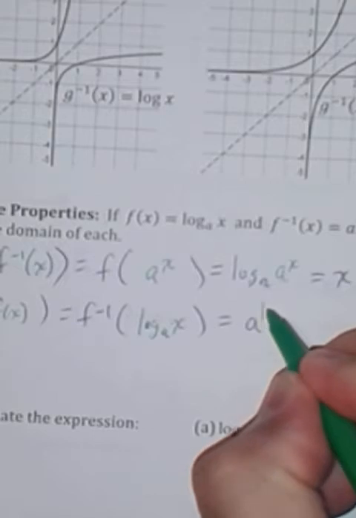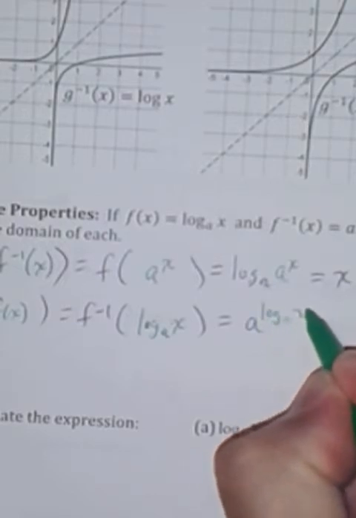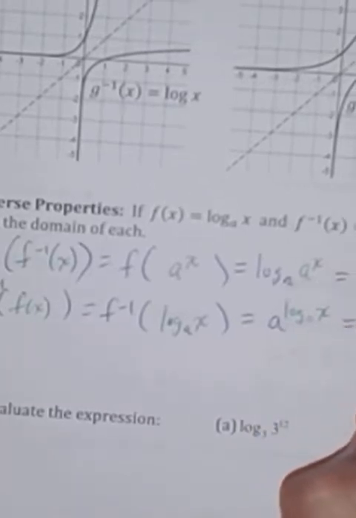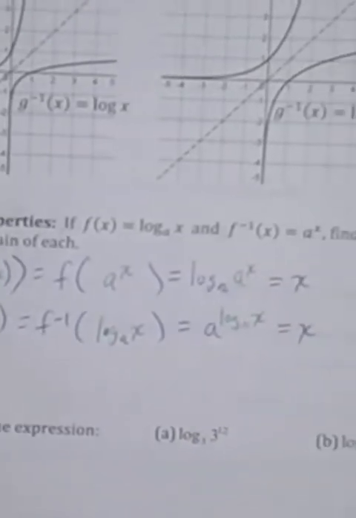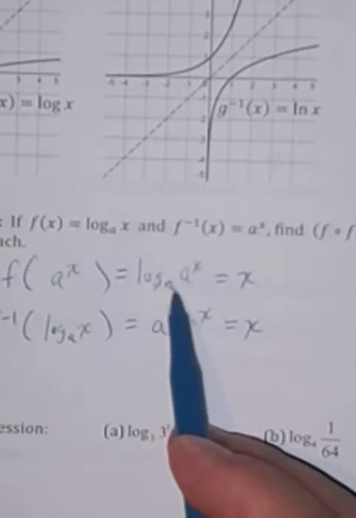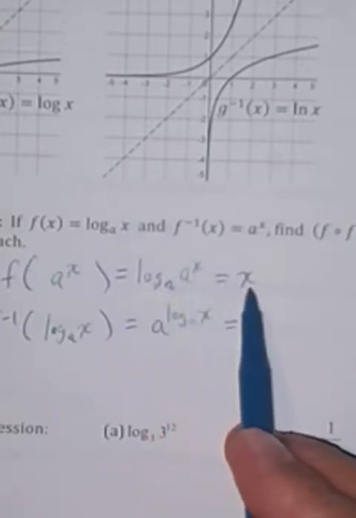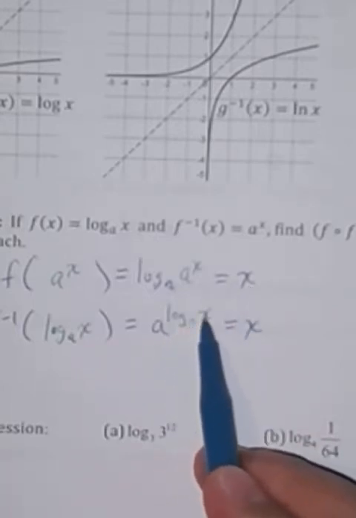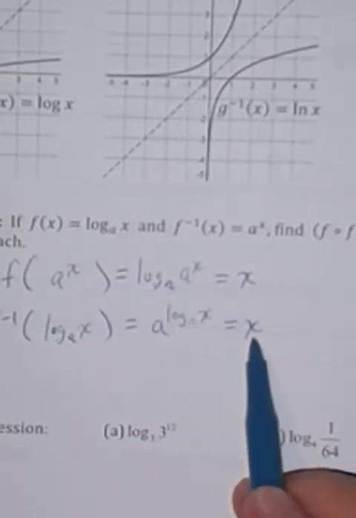So this is a to the log base a of x, and of course f inverse of f should also be x. Okay, so this gives us some ways of simplifying. Whenever we see log base a of a to the whatever power, that's the answer, the power. And whenever we see a to the log base a of any x, the answer is x, right?